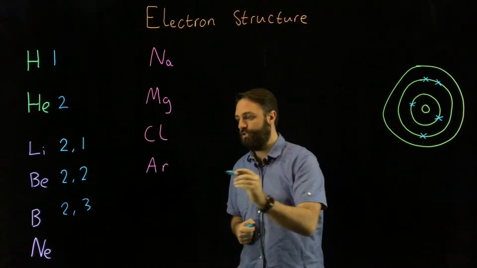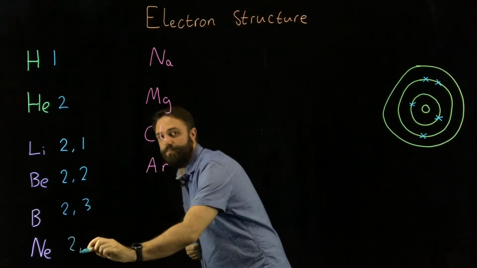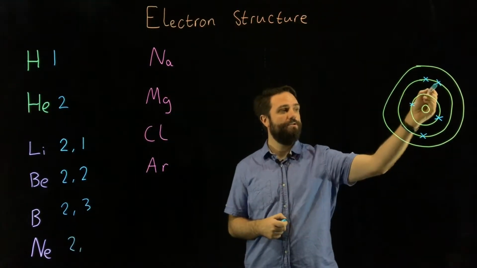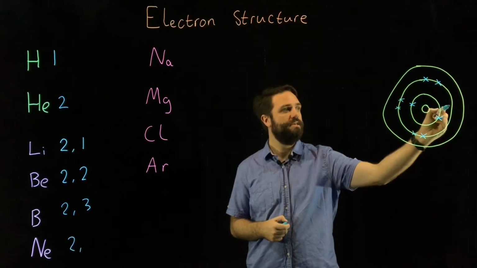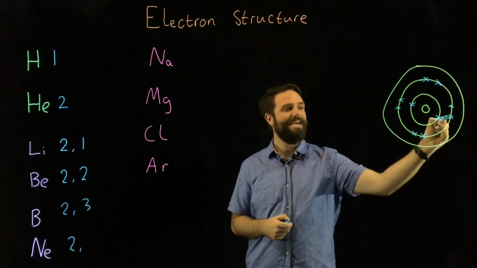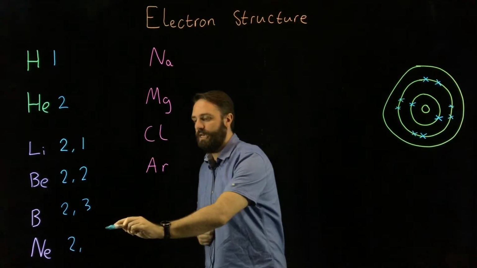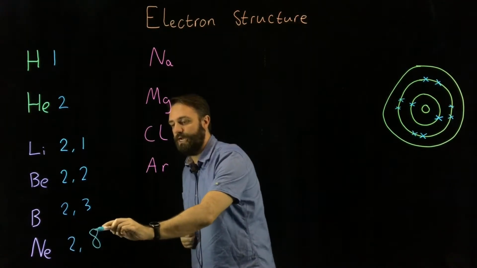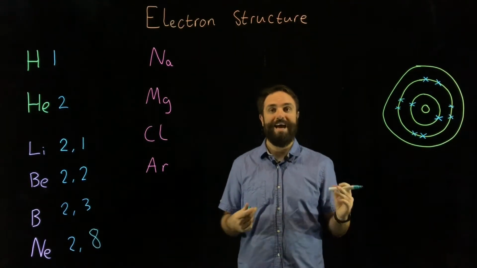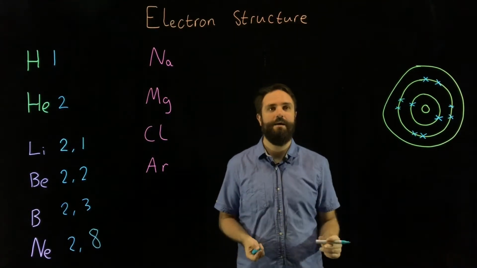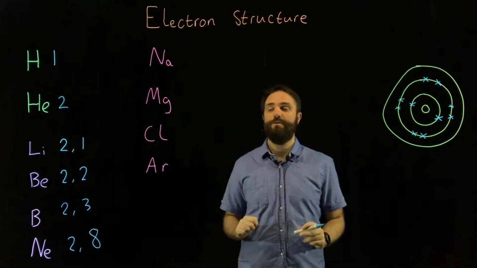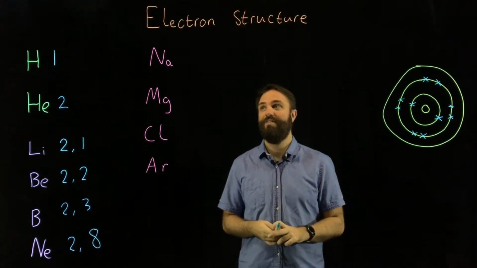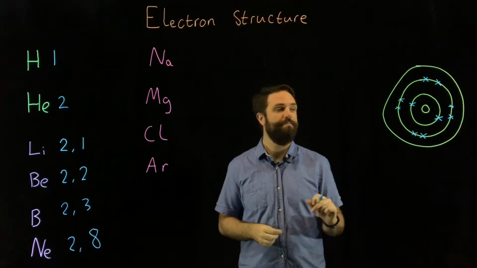So neon has got 2 in the first shell, and then 1, 2, 3, 4, 5, 6, 7, 8 electrons in the next shell. If you look at the periodic table, you should be able to work out that it has a total of 8 and 2, 10 electrons. Great. So then we go to the first atom in row 3.